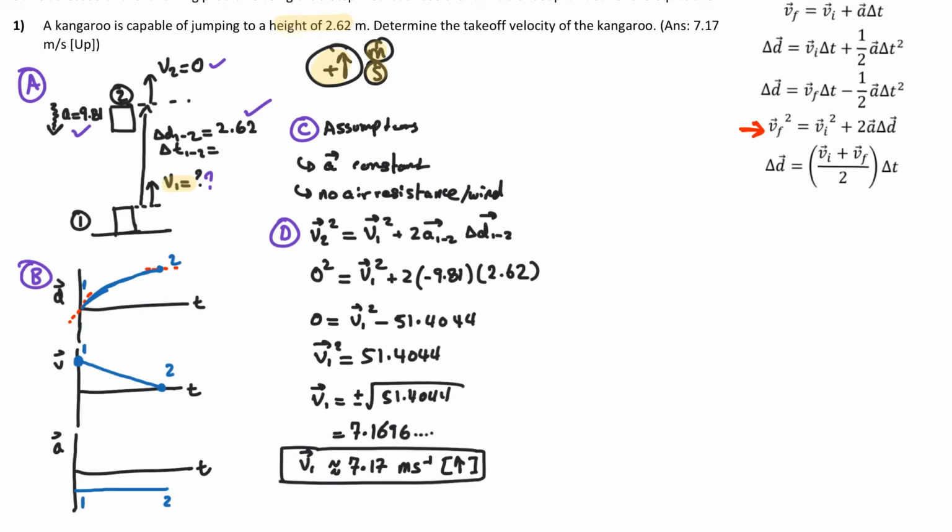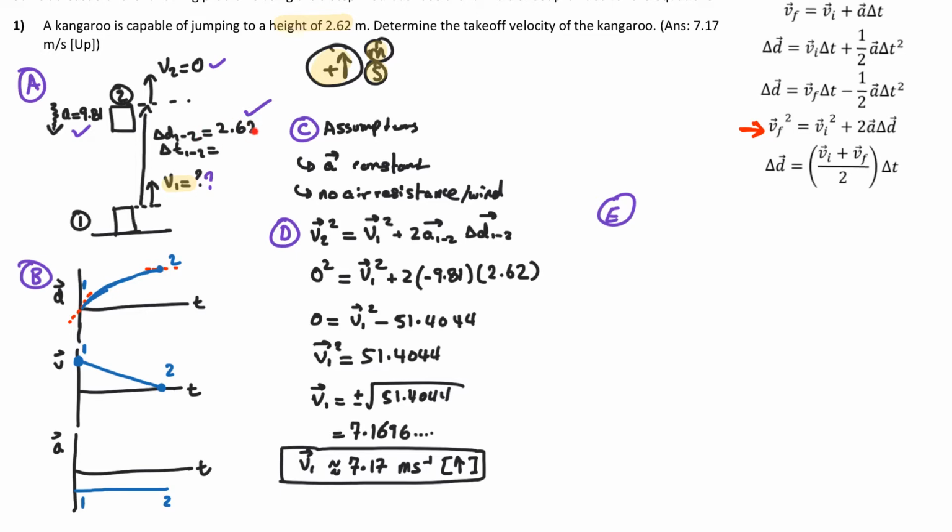In terms of evaluation, I'll just talk about it. So we're going to make some questions about what will happen if we had air resistance, for example, or acceleration wasn't constant. So if there was air resistance as the object was going up, it would slow down even further because of that extra air resistance.